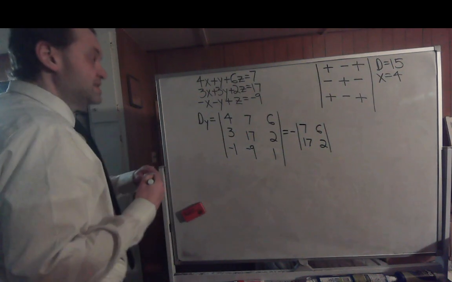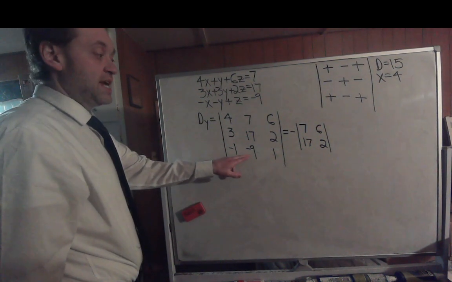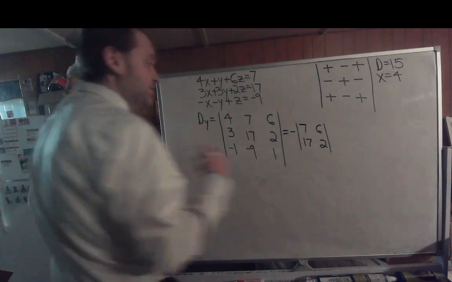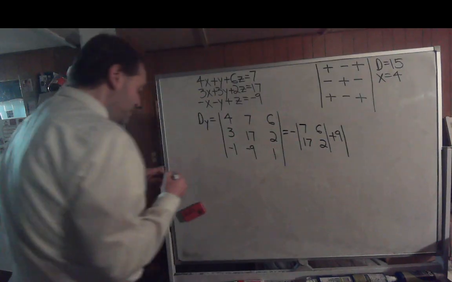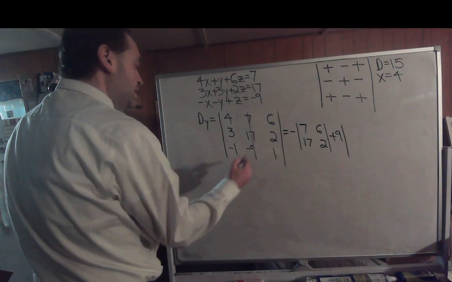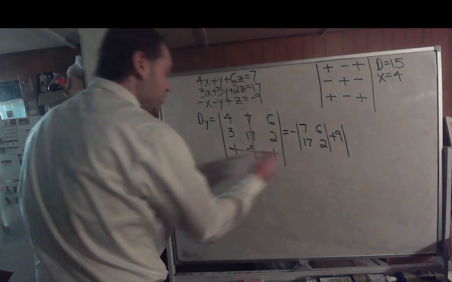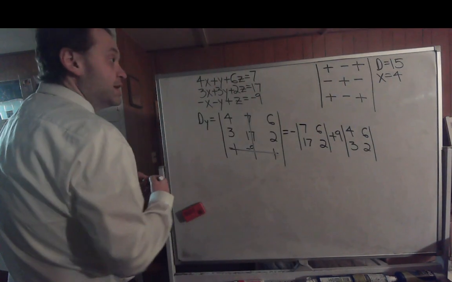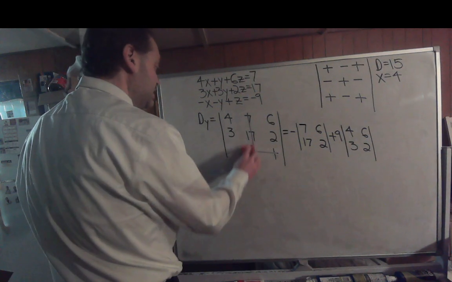Alright, second entry of the third row is -9, but according to my coefficient matrix, I need to negate that -9. So this will be +9 times the resulting determinant of when I strike out the second column in the third row. So my resulting determinant is going to be 4, 6, 3, and 2. Then I should end up having one more determinant.